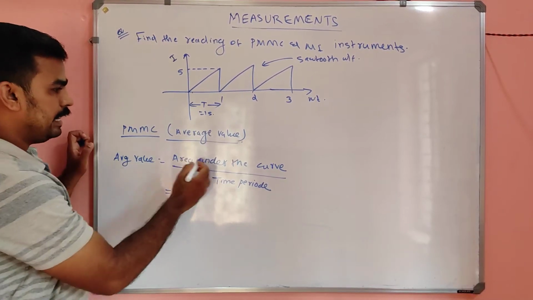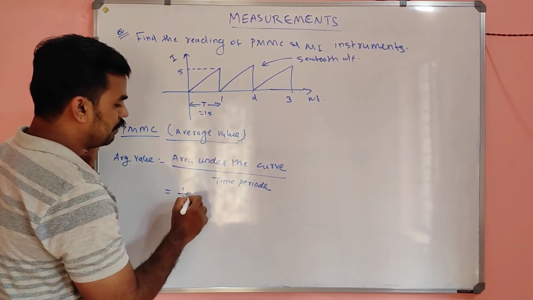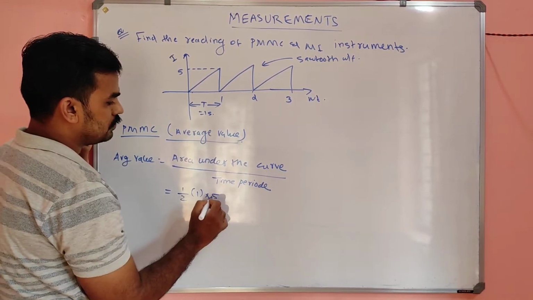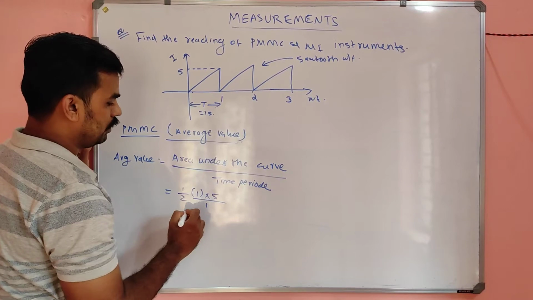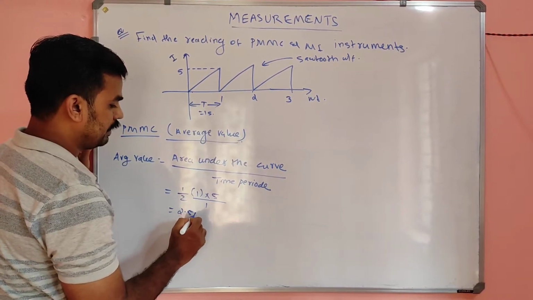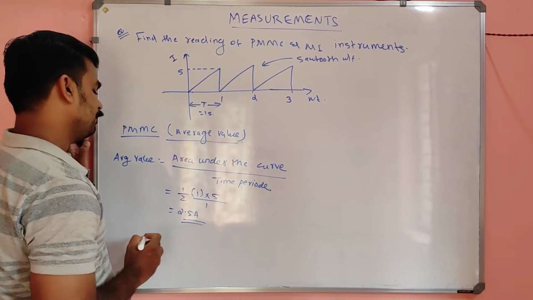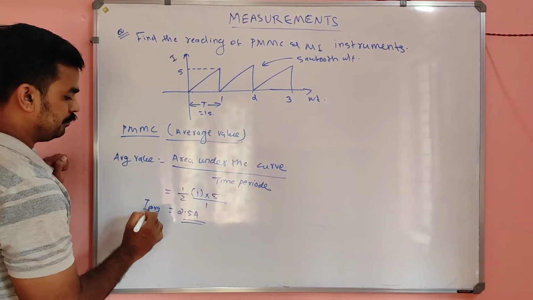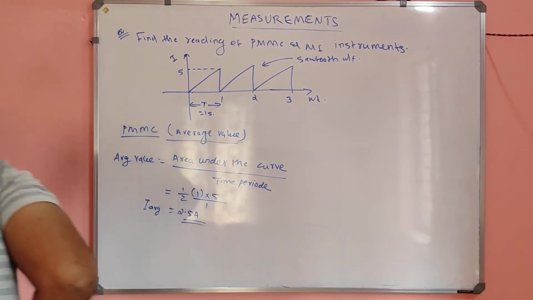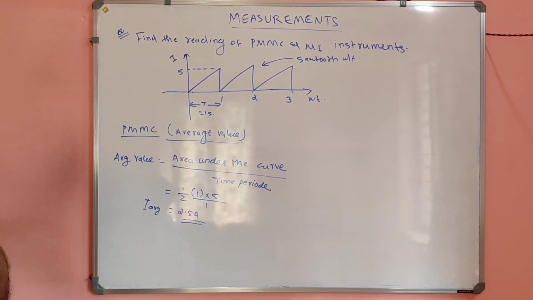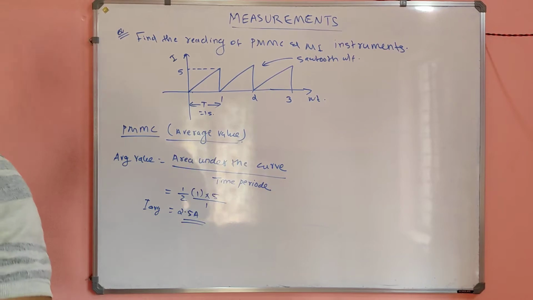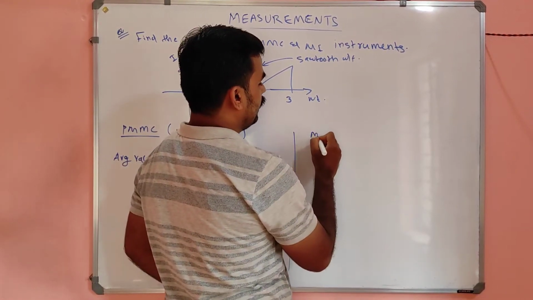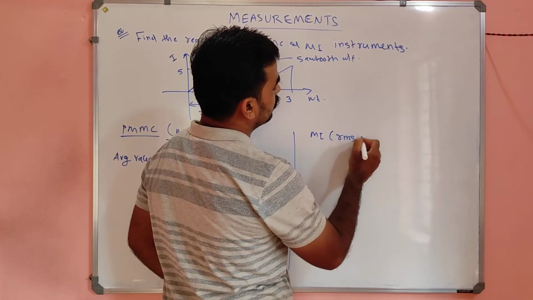So area under the curve will be simply half B into H, the area of the triangle, divided by time period, which is 1. So 2.5 ampere will be the average value. Next you have to find the RMS value, the MI reading.